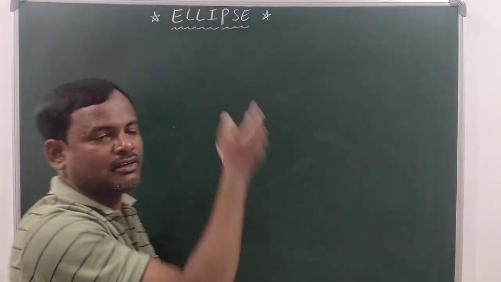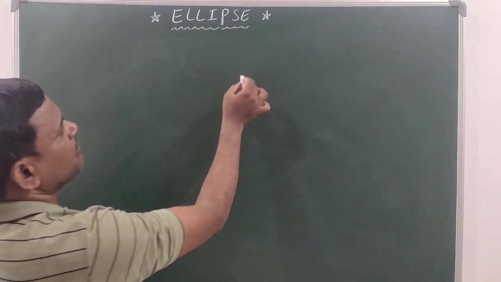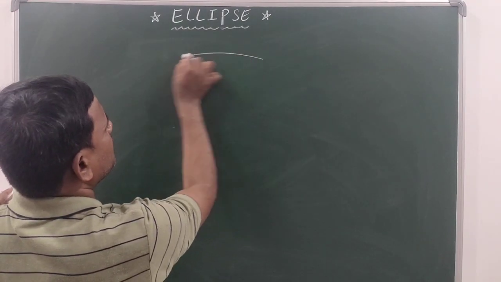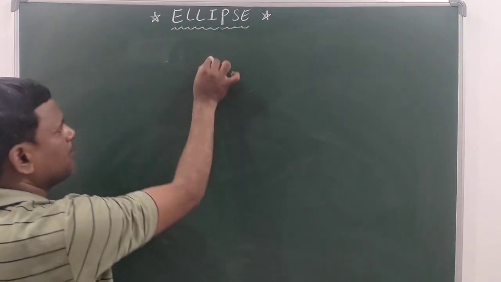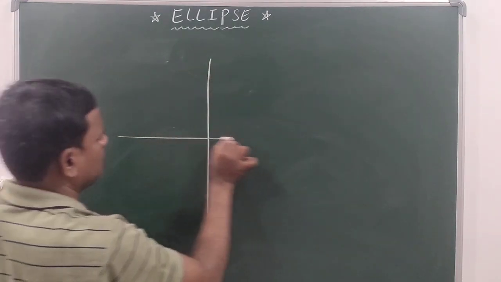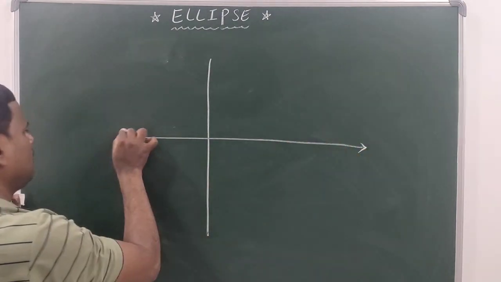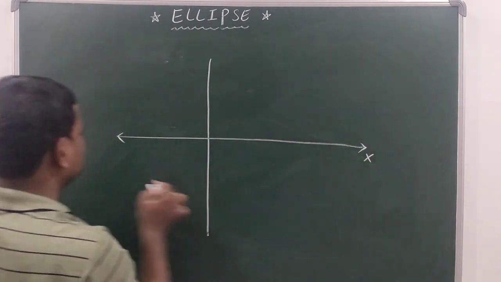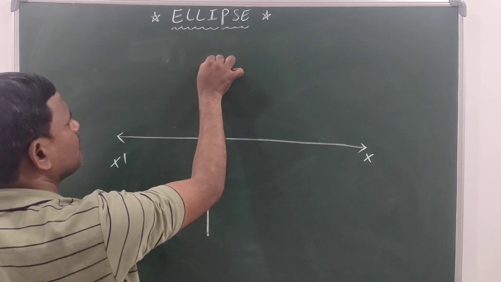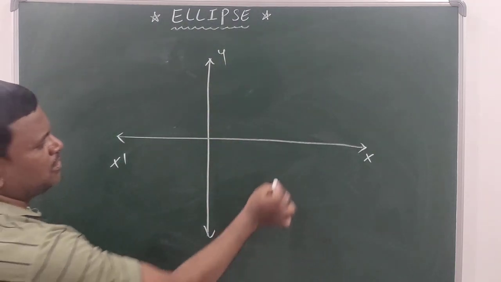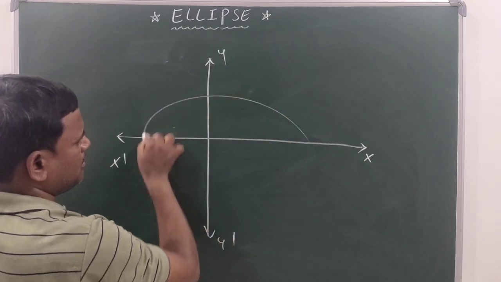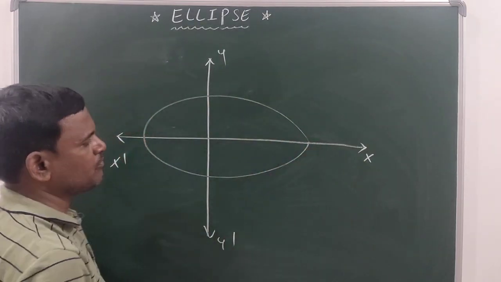Right, in that figure, observe carefully. See here. X dash, Y dash. See here. This is an ellipse.